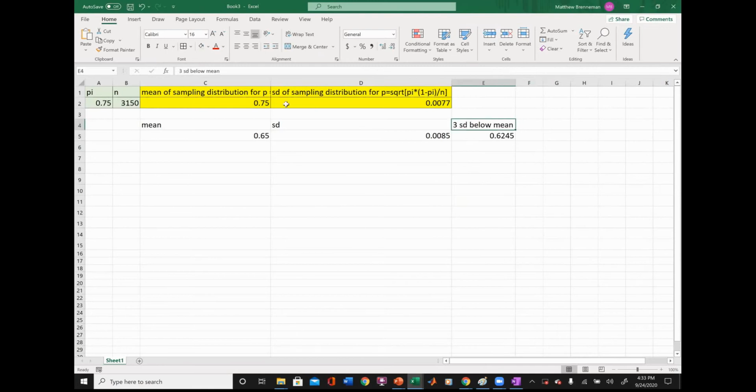And if I want 3 standard deviations above, all I'm going to do is alter the formula, and instead of minus, I'm going to put plus. Hold on a second. Oh, never mind.